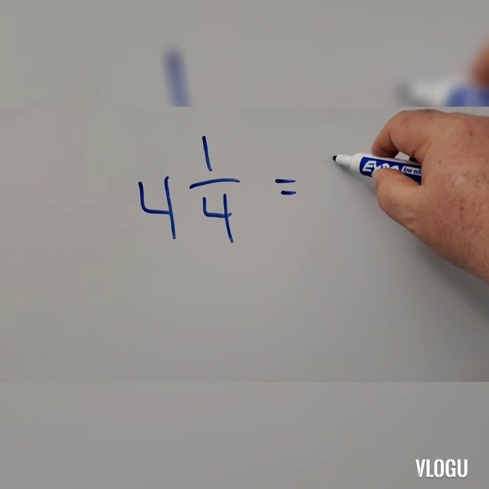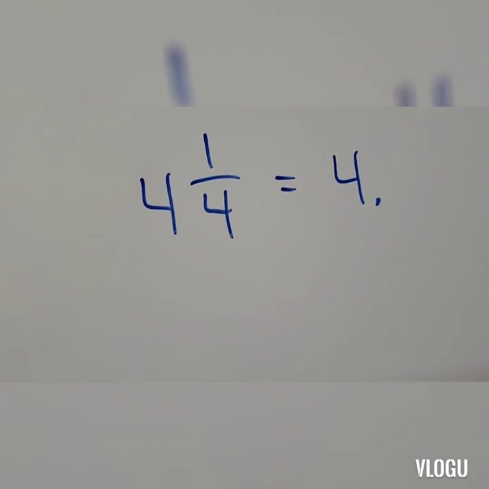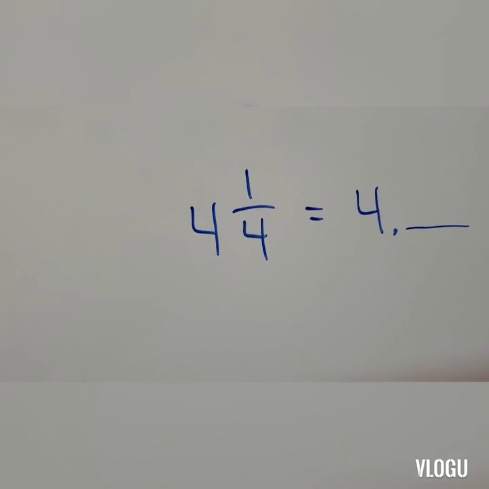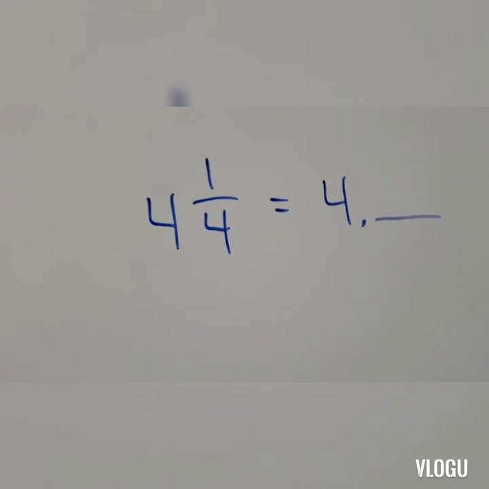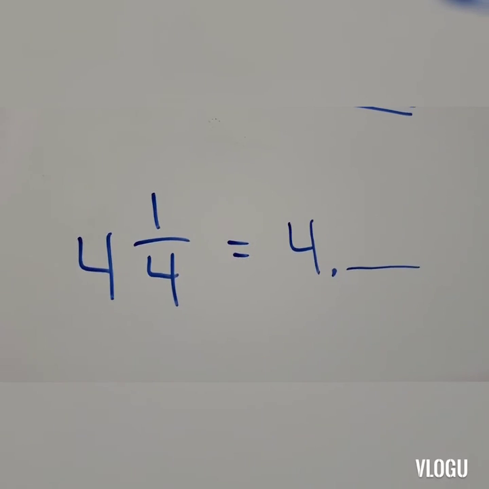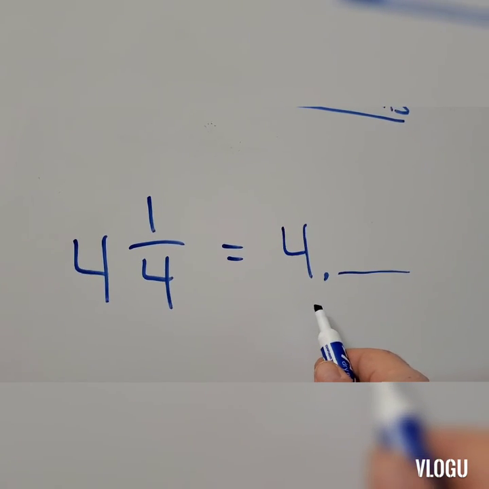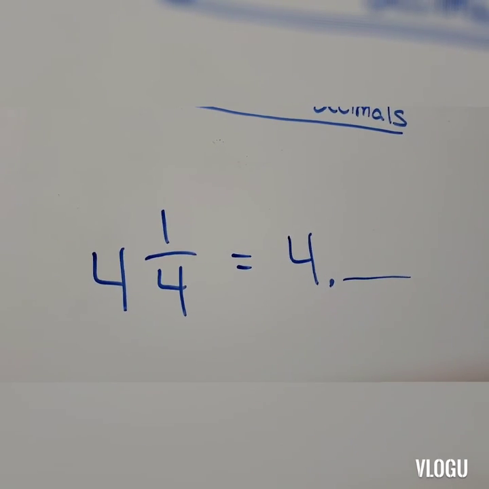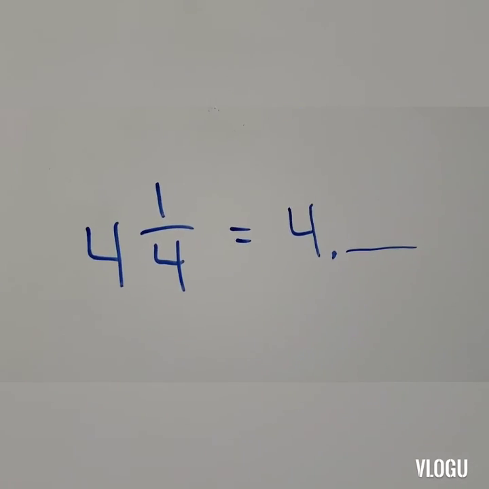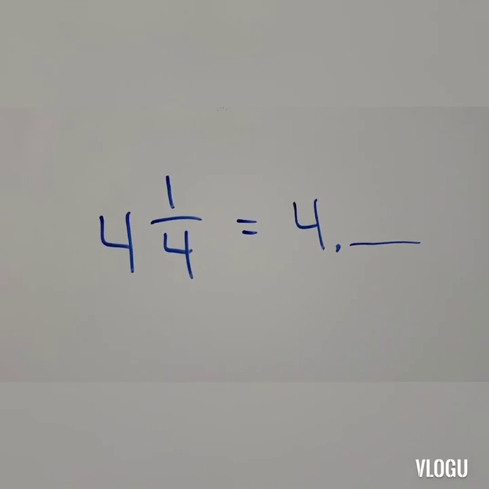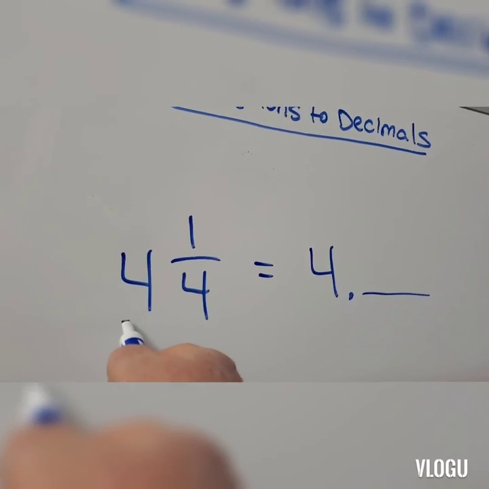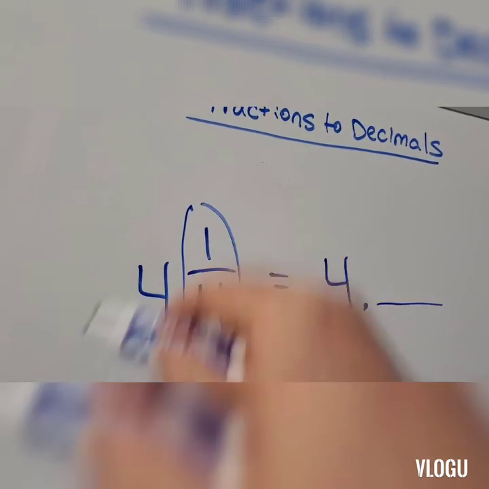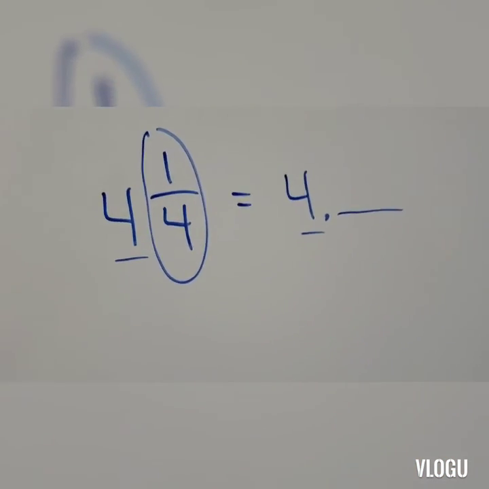I can look at this and pretty much guess. I am going to have 4 point something. Well, how can we figure this out? Our 4s are already established. We need to find the decimal for a 4th.